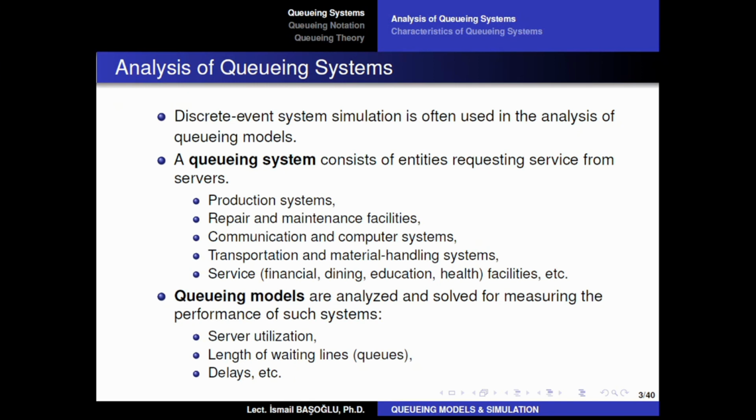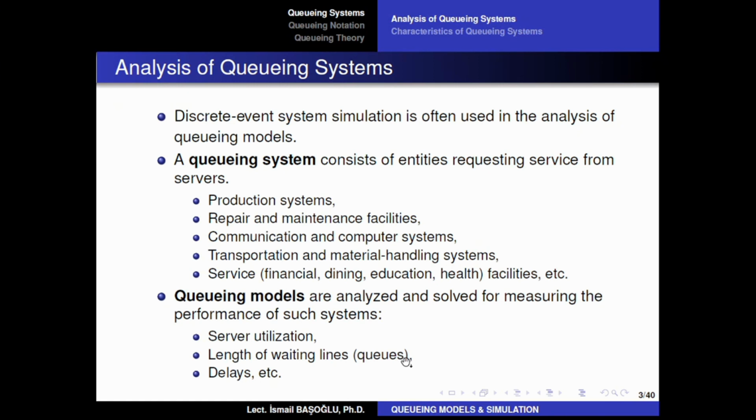We would like to have the utilization of servers as large as possible. But not in every queue, the server utilization is at 100%. Similarly, the length of the waiting queues is also another important measure, because if you are a customer coming to a hairdresser shop and if you see there are too many people waiting in the line or waiting in the queue, then you would prefer to go somewhere else, not to this hairdresser shop.